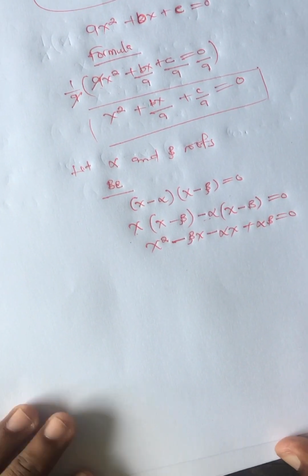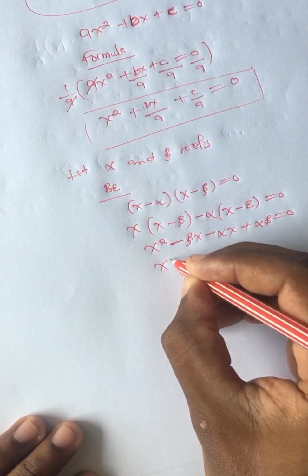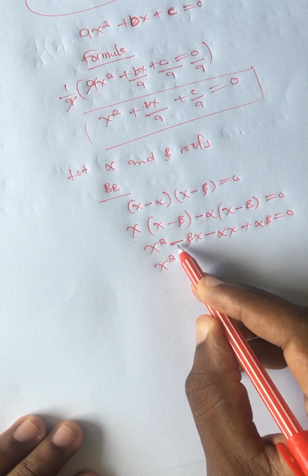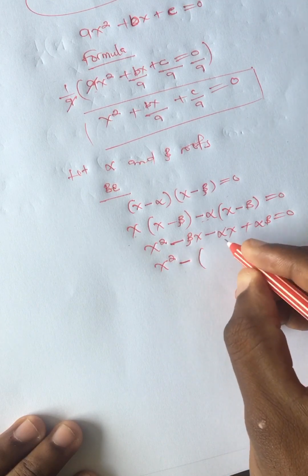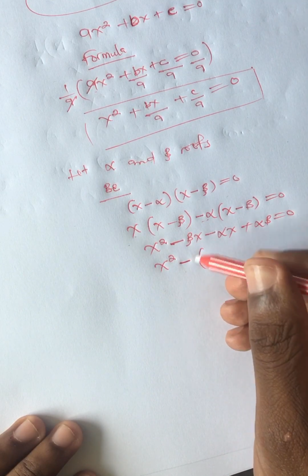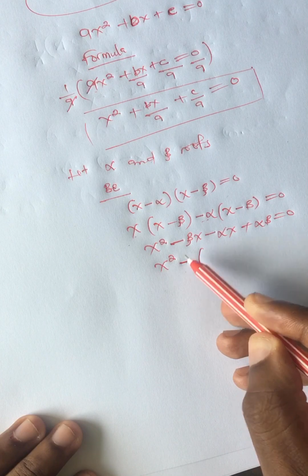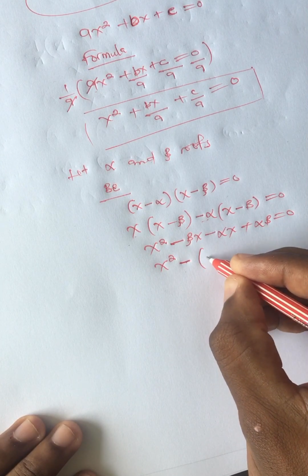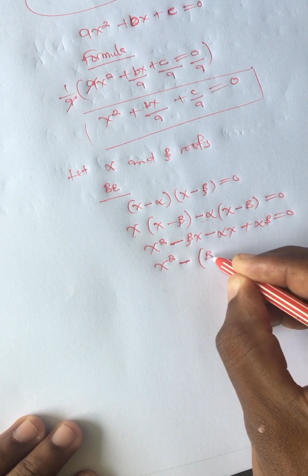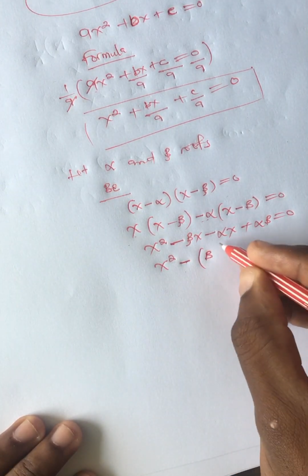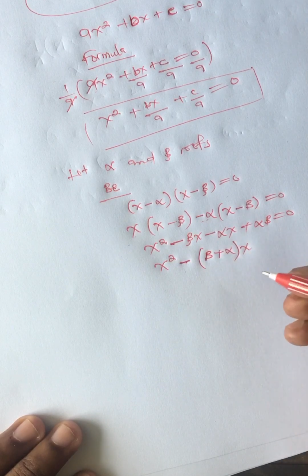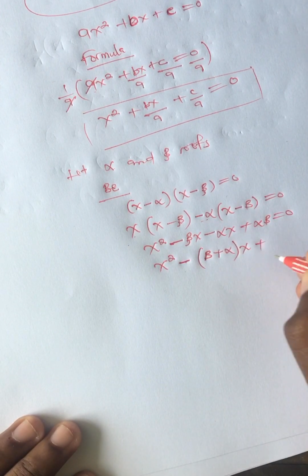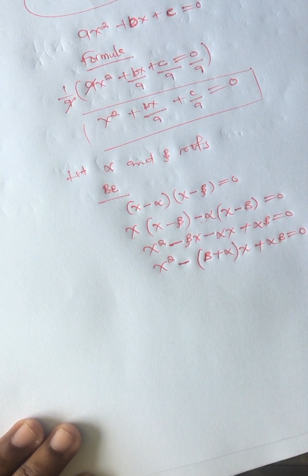Okay, then here, negative x is common, so if we factor out x, we remain with minus beta plus alpha, then x, then plus alpha beta, which is equal to 0.